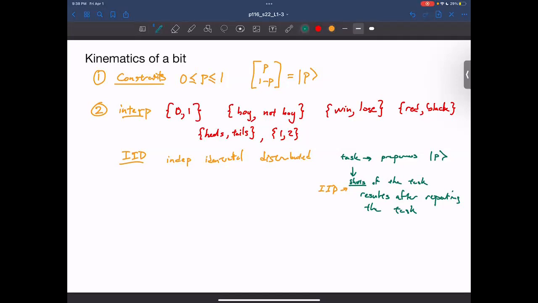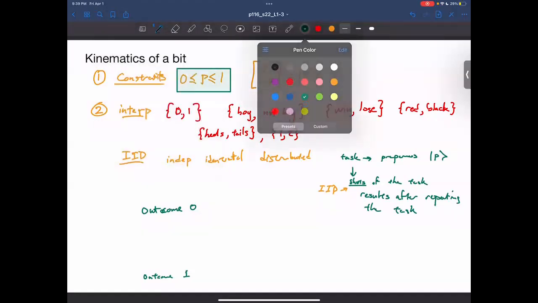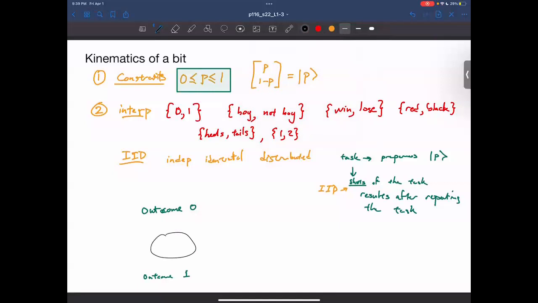The next thing I would like to highlight is conceptual. If we think of this situation with our bit having a probability between 0 and 1, then we can label our two outcomes and connect them with a line. I'm going to be a little suggestive here about next week when we get to the bit.